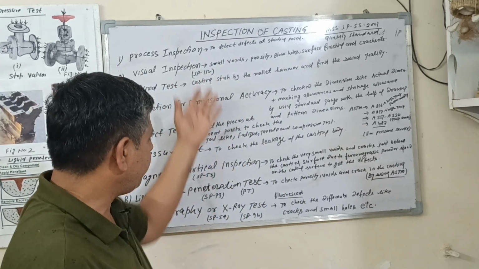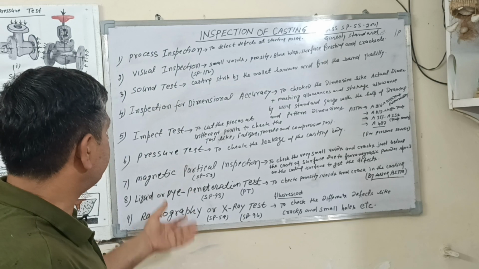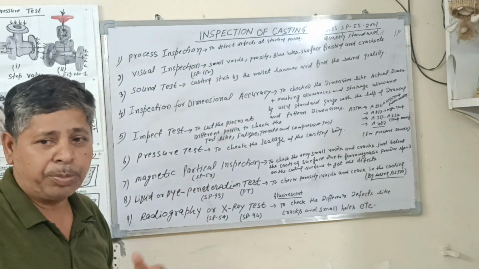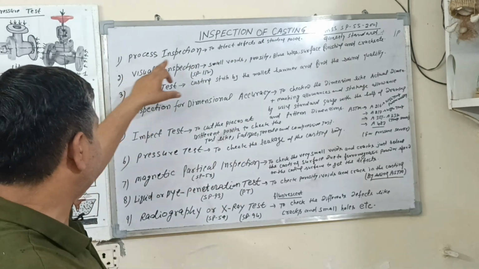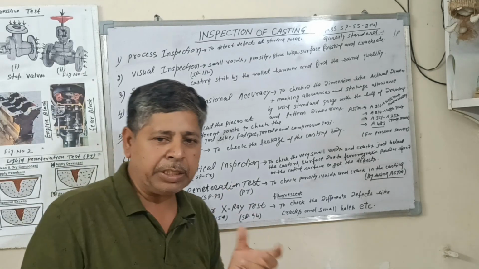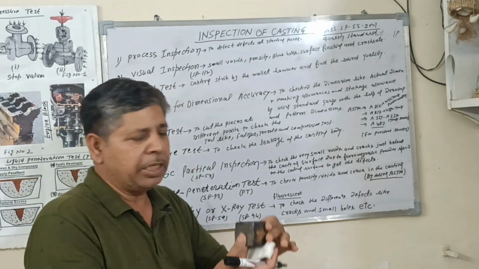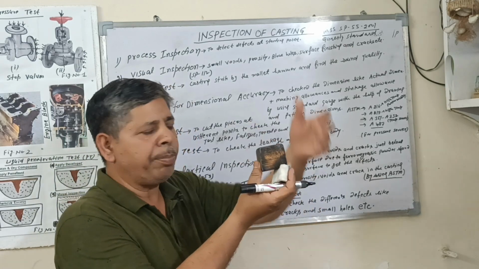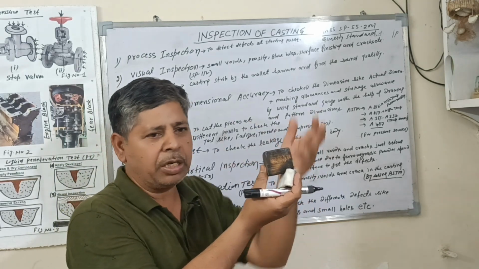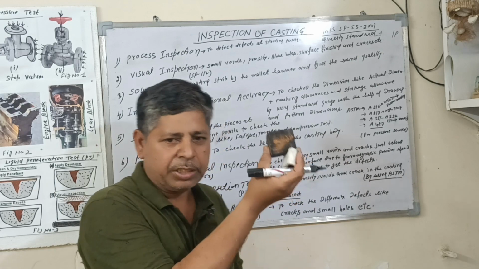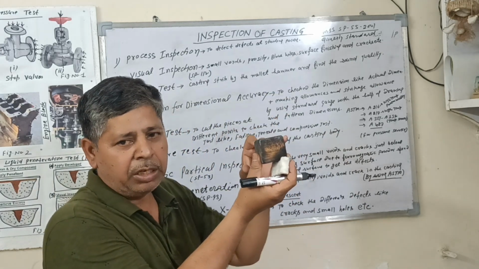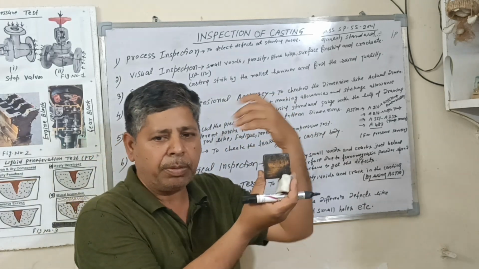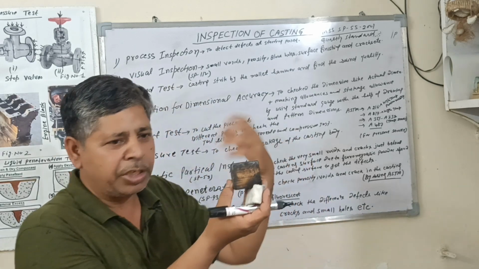Different types of methods are used to check different types of casting defects. Number one is process inspection. Process inspection means making a sample: how to produce it, how to make it. When you start making the sample in the industry, first you check whether the dimensions of the pattern and the system are okay or not.